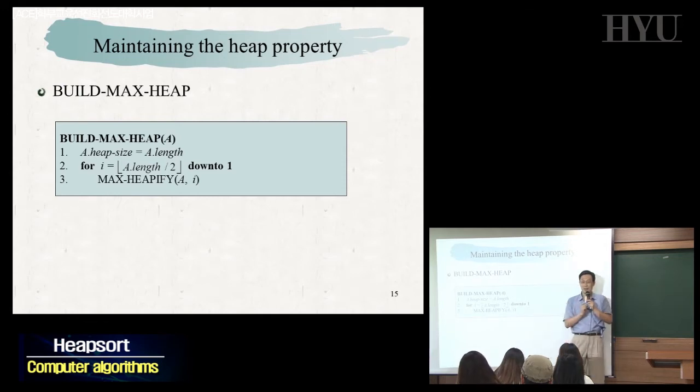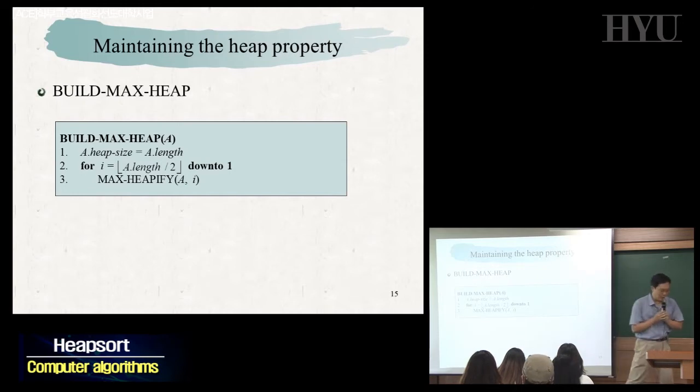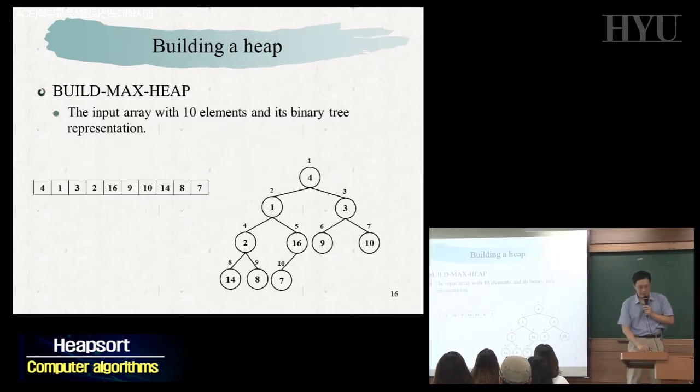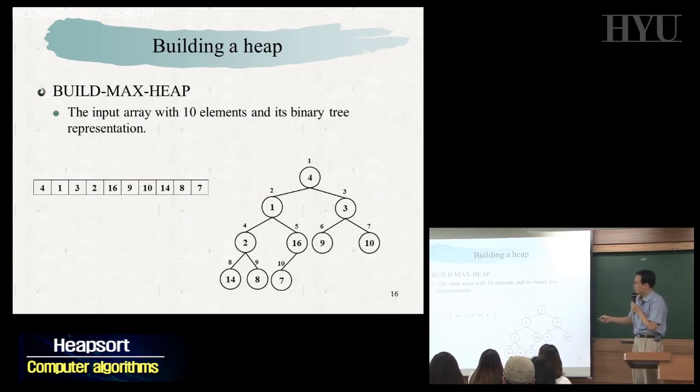It's basically, okay, let me show you this. This is the array, and its heap tree representation. And the small numbers are indices.